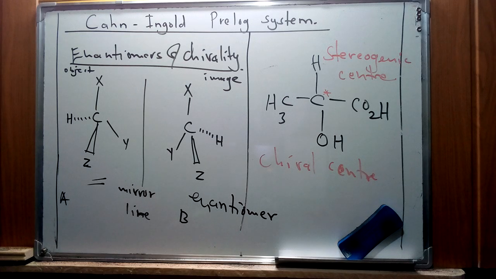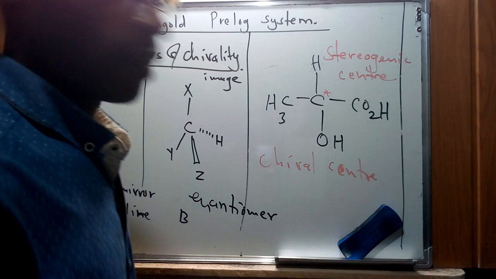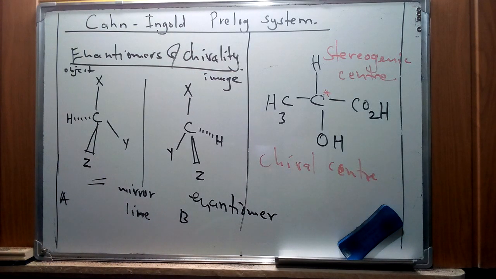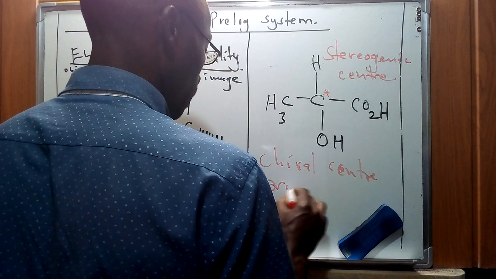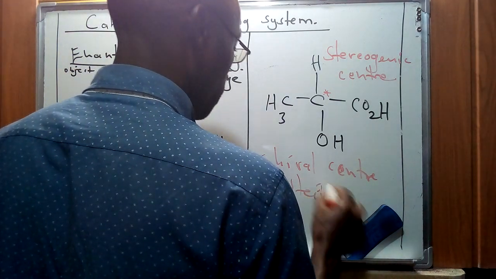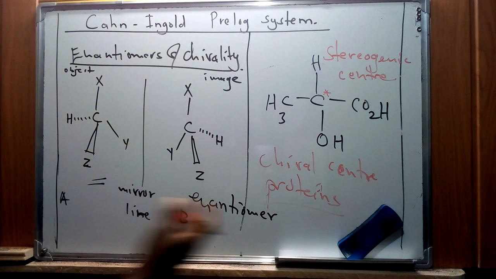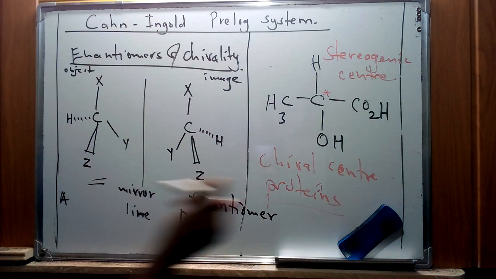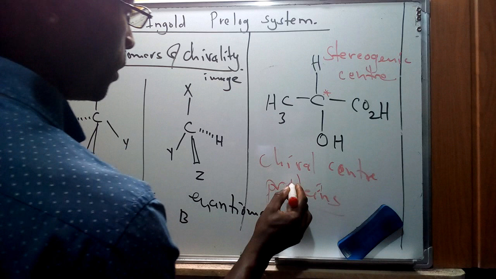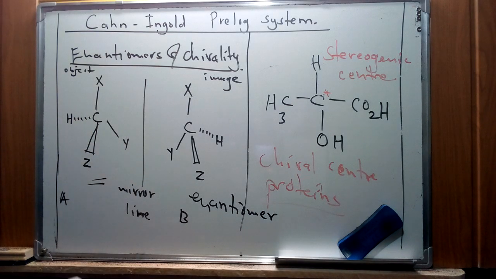Now we're going to see that most of the compounds that you come across, especially under the topic of proteins and carbohydrates, most amino acids, which are the building blocks, have chiral centers. For example, most of the proteins that I've talked about, which are the compounds that have got amino acids as building blocks, consist of chiral centers.